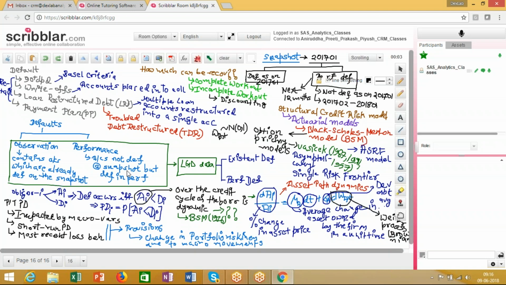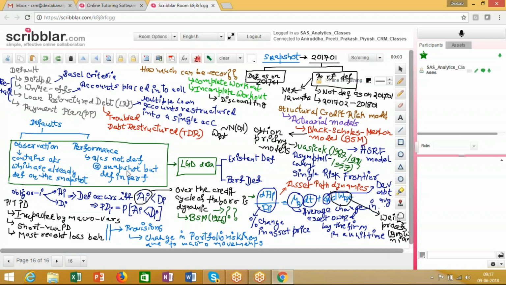Now, over here, we are solely concerned with this set of defaults, the account defaults that have happened. The question that comes out is how and where are these defaults considered, right?